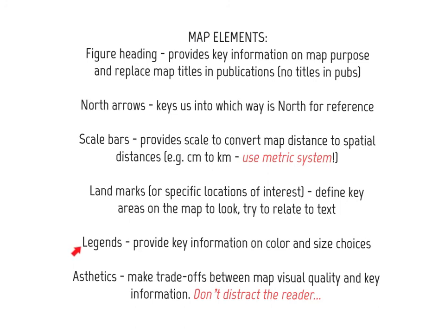Legends provide key information on color, size, and shape choices. In this example, we had cities as stars or asterisks, and we had green and yellow dots for independent testing and model building in the Kyrgyz example in the first slide.